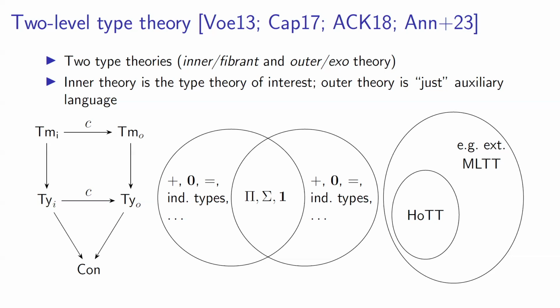Another way to view this is to say that in many cases the outer theory is bigger than the inner theory. The outer theory could be extensional Martin-Löf type theory, and somewhere inside sits homotopy type theory.